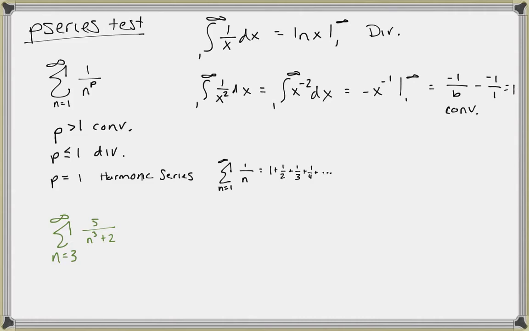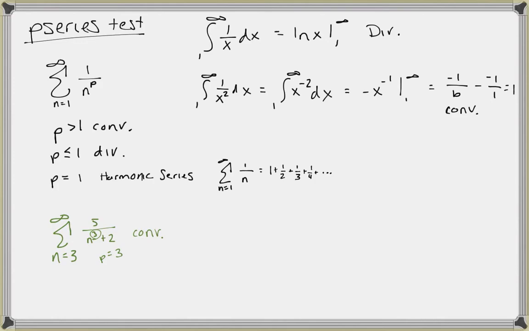And even multiplying by 5 won't change something's convergence or divergence. If it's divergent and you multiply by 5, it's still divergent. If it's convergent and you multiply by 5, it's still convergent. So that doesn't really change the rules of the game here. So all that matters is that we have a power equal to 3. A power equal to 3 is going to create a convergent series.